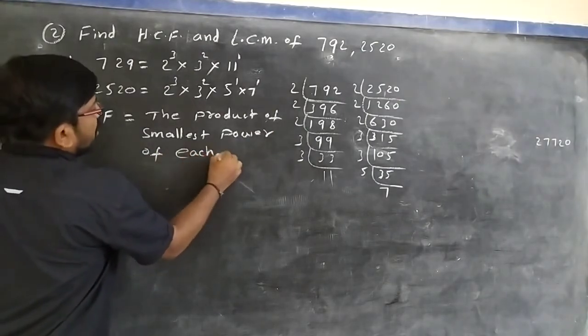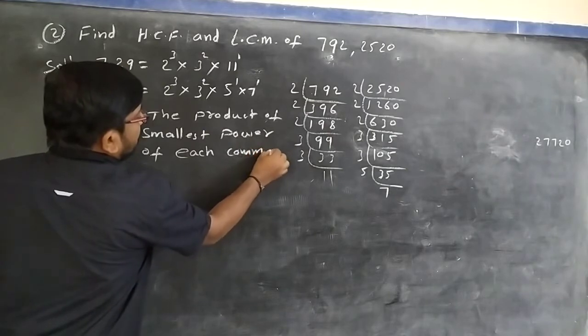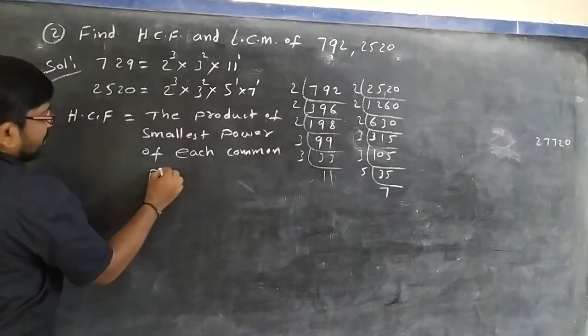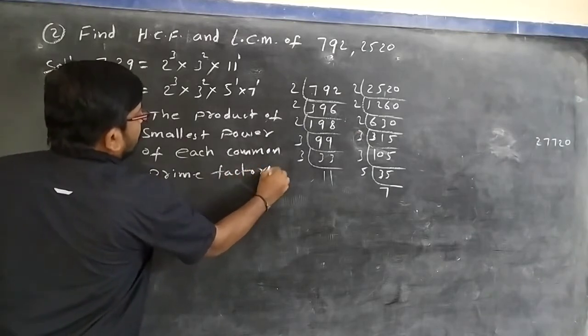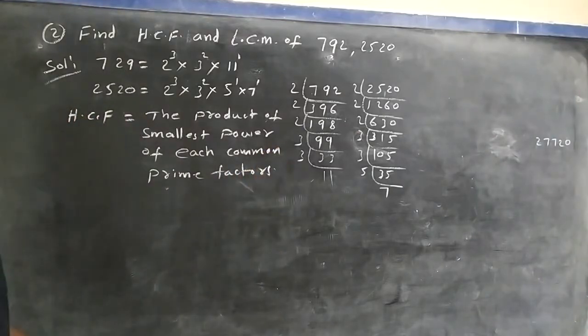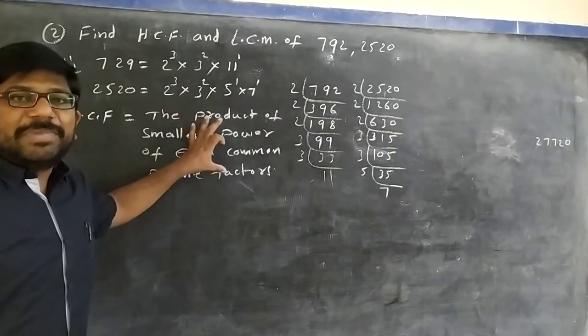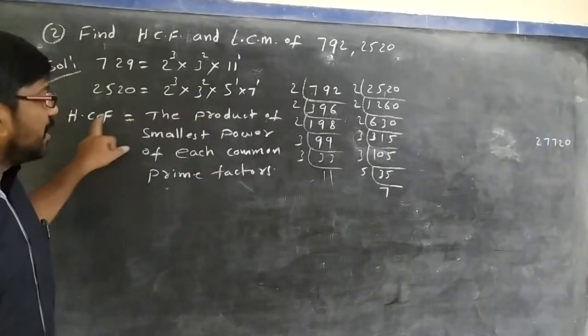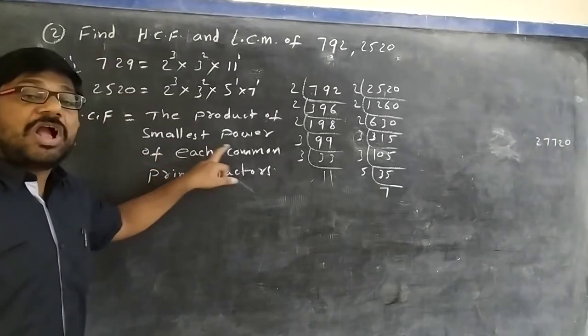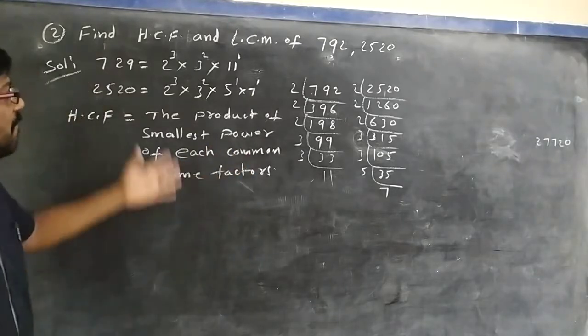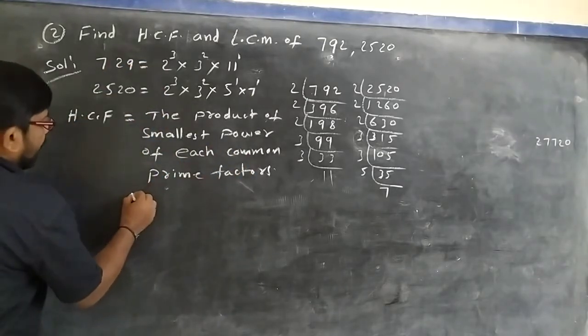Right? So you must remember this. HCF means the product of the smallest power of each common prime factor of the numbers. So that is equal to HCF.